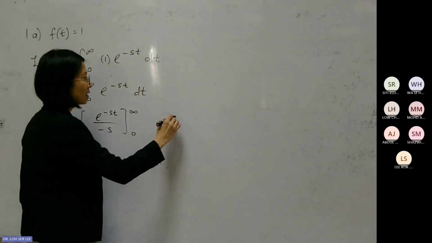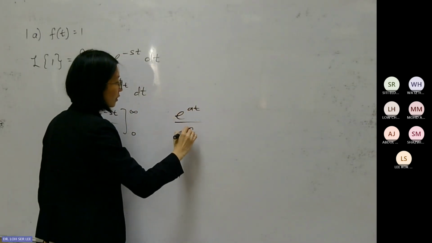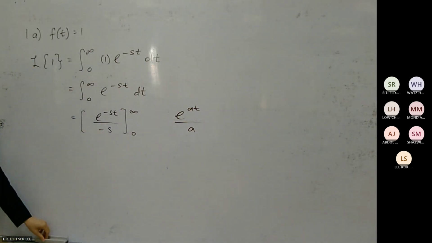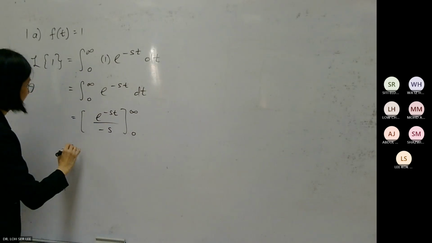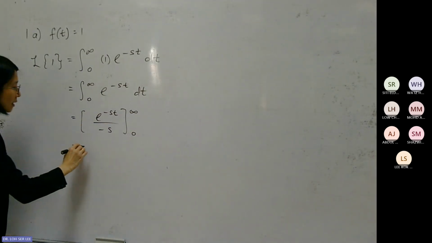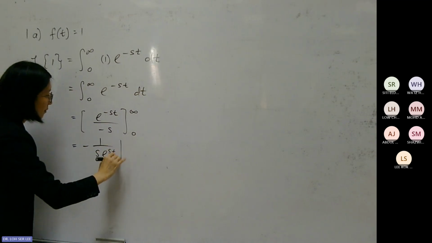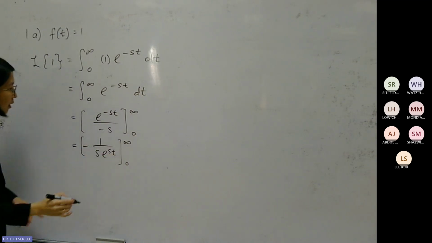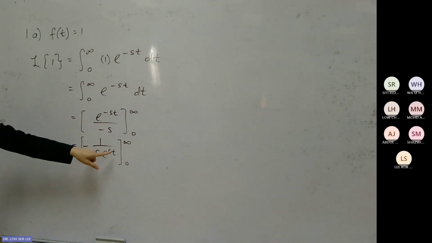Just like when you integrate e to the at, you get e to the at over a. Same goes for this one. Let me rewrite. This will be negative 1 over s times e to the st.